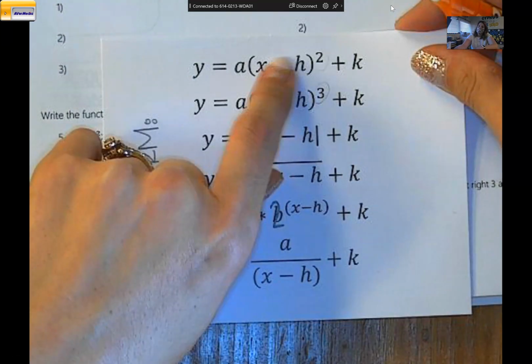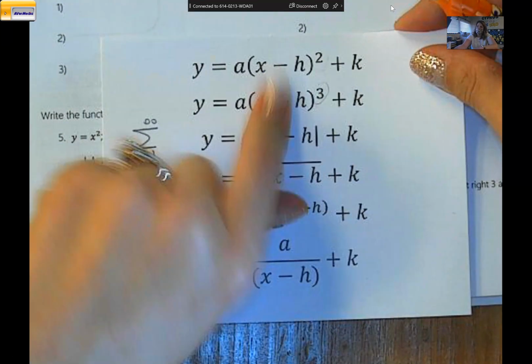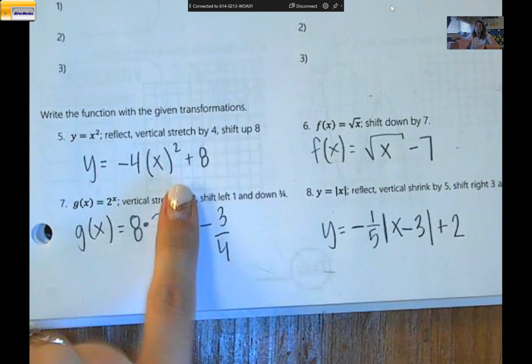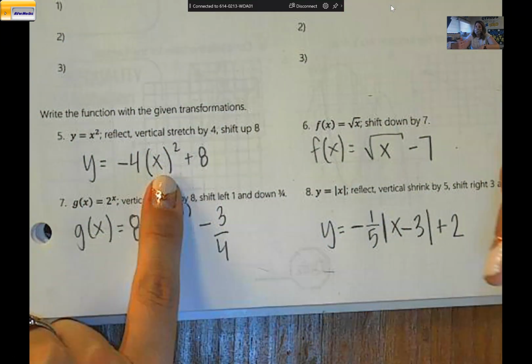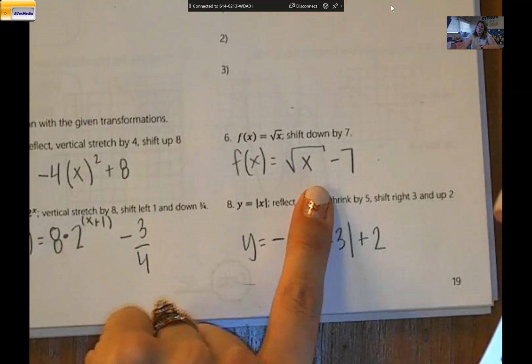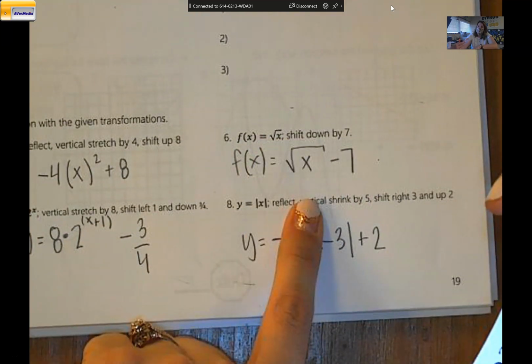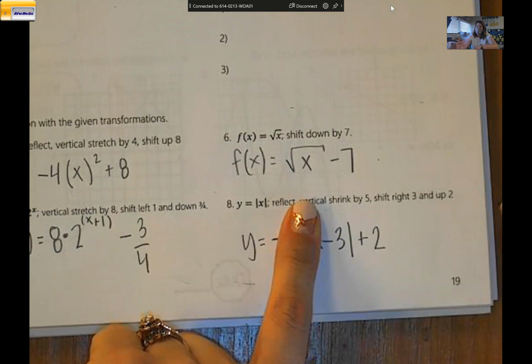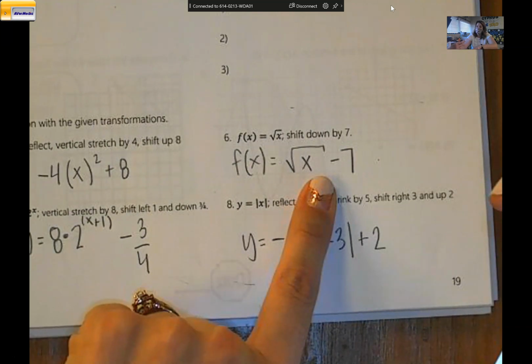And when I realized there wasn't an h, I just closed the parentheses and kept going. You don't have to have them. If you have them, it's okay, but if you don't, that's also okay. Then on this one, all I'm doing is shifting this function down by 7. So that's like what we did at the beginning of class, so I just put a -7 on there.